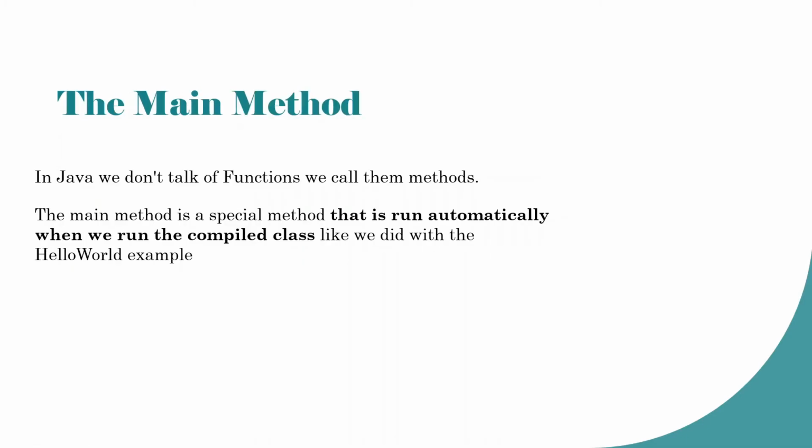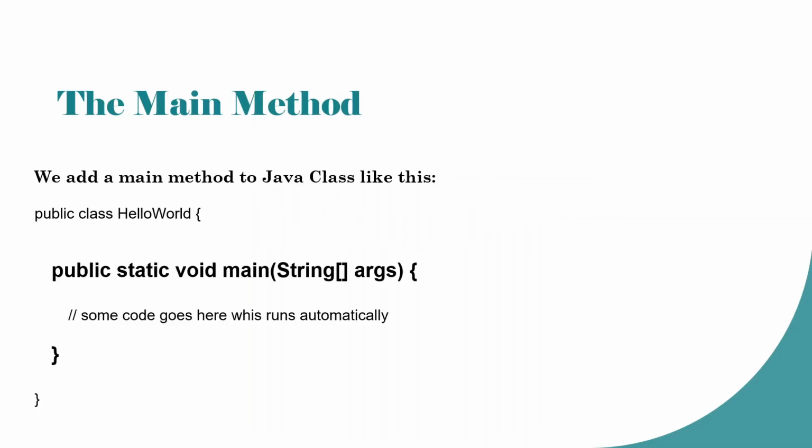The main method is something special in Java and special to Java. When you add a main method to a class and you compile and run that class, it will automatically launch the main method. And that's how the Hello World example worked. In order to make the main method work, there are some specific requirements. You need to declare it as a public method.